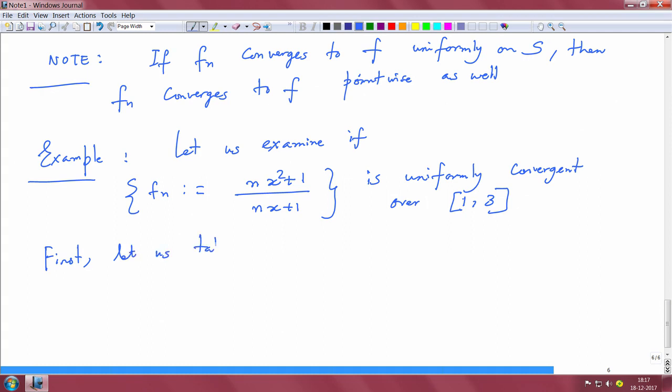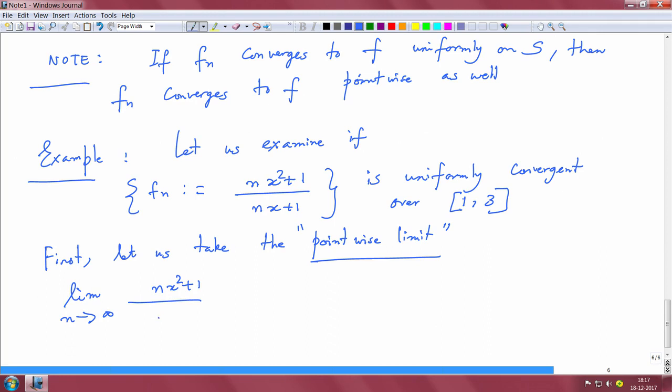let us take the pointwise limit. Now, limit as n goes to infinity of (nx² + 1)/(nx + 1) equals limit as n goes to infinity.